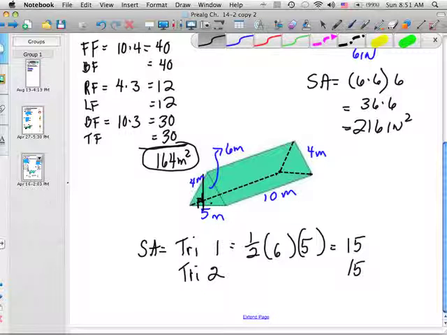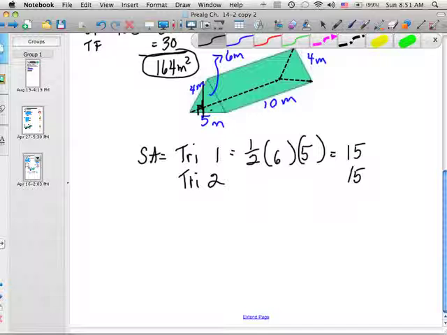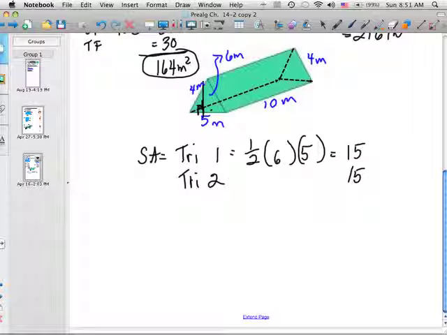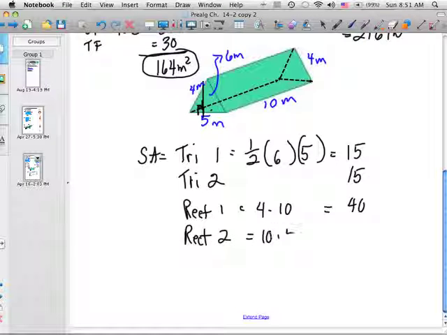And then in a triangular prism, we have 3 rectangles. So rectangle 1, I'll just take this one right here, which is 10 long and 4 wide. So that's 4 times 10, which is 40. I'll take the bottom rectangle, which is 10 by 5. So rectangle 2 is 10 times 5, which is 50.